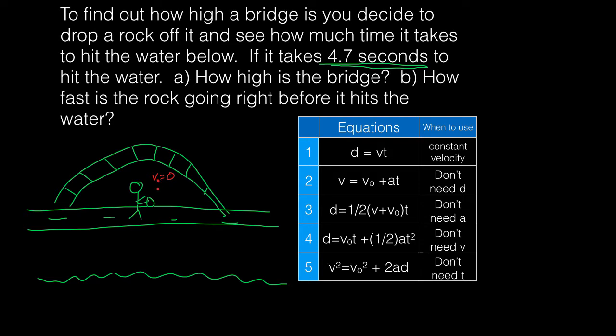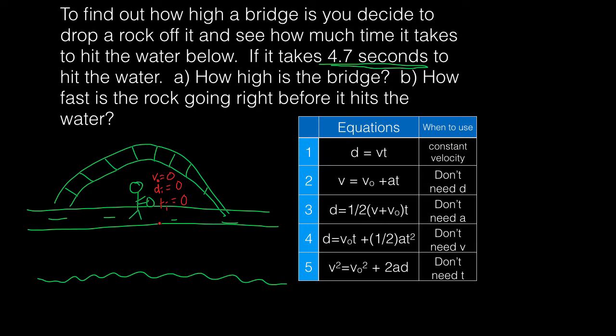Okay, the point at which we drop it, we're going to call that point displacement initial, and I always call that point from where we're starting 0. And we know that it's also going to have a time initial, and time initial by definition is 0 seconds, that's when we're going to start timing it.